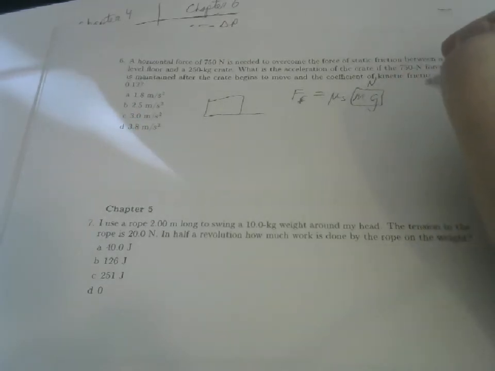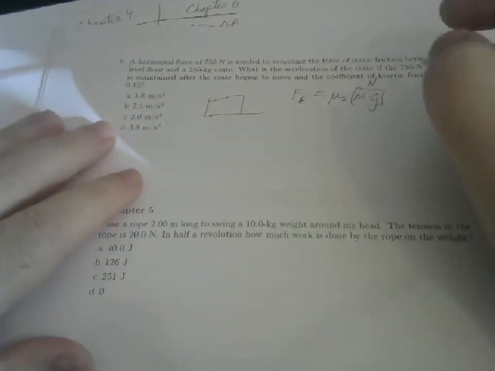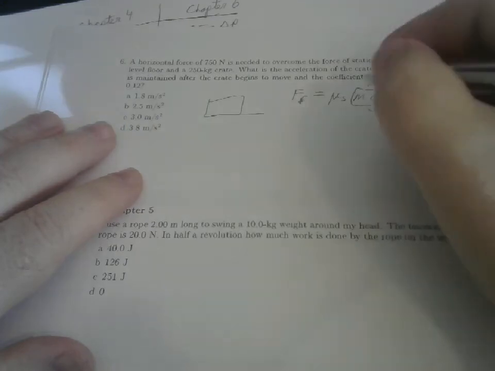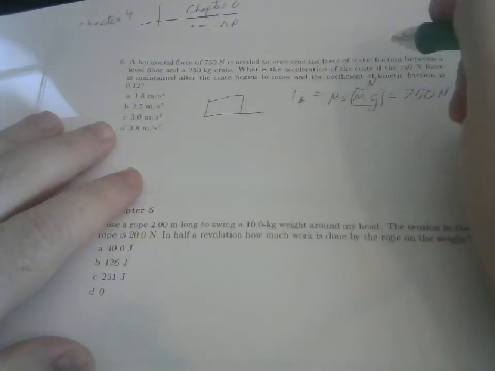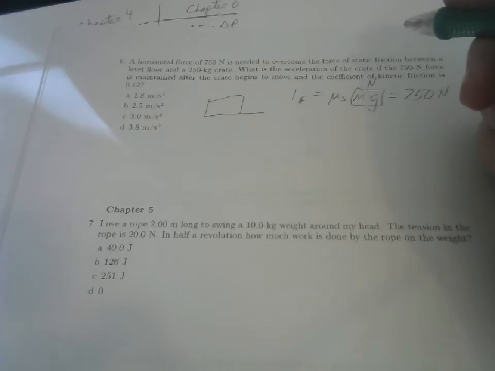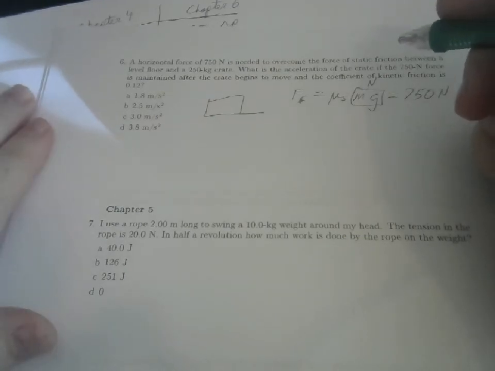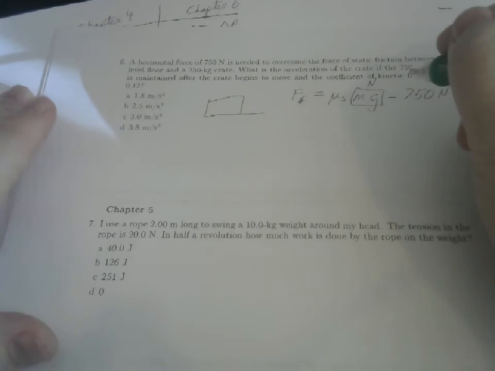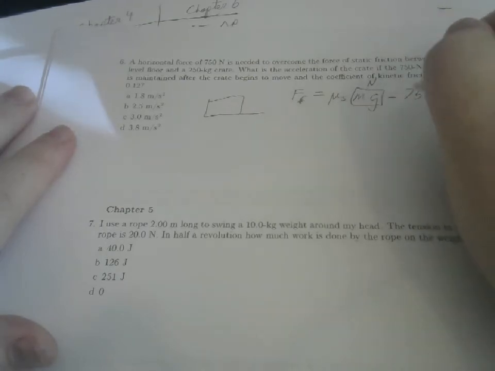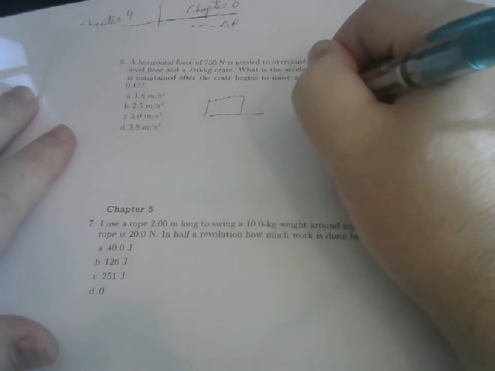And so that equals 750 newtons, and that is max. We could find out what mu sub s was if we wanted to. It's not asking for that though. It's asking for the acceleration after. This would be max.